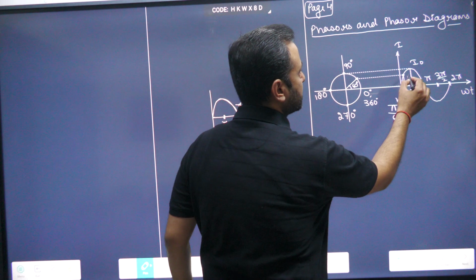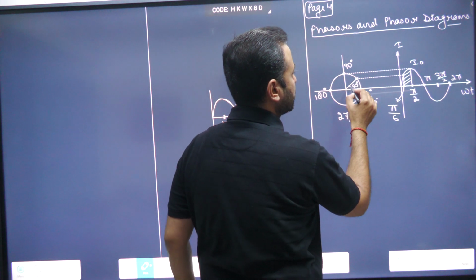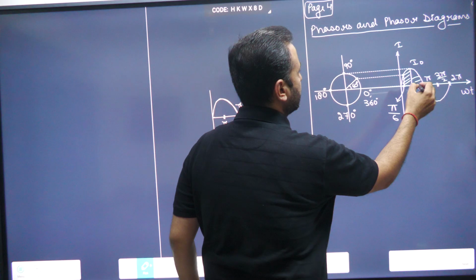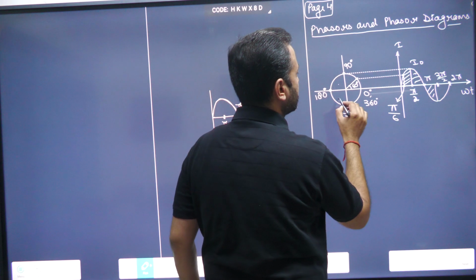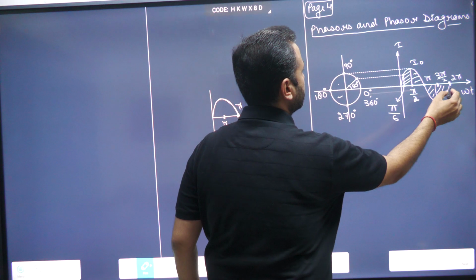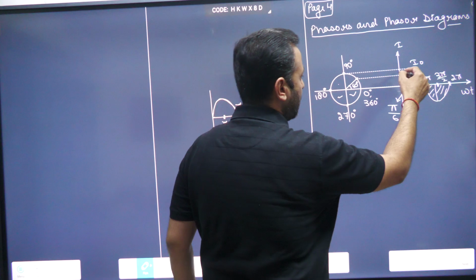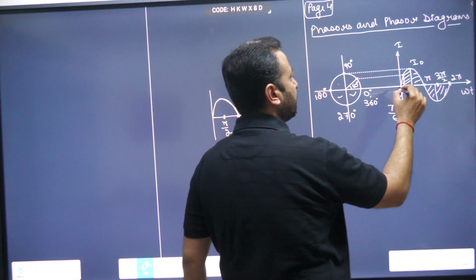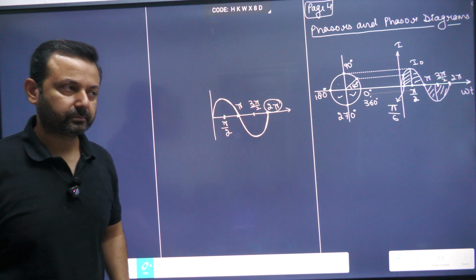This portion correlates to the first quadrant, this portion to the second quadrant, this to the third quadrant, and this to the fourth quadrant. All four quadrants get completed when one wave of AC gets completed.